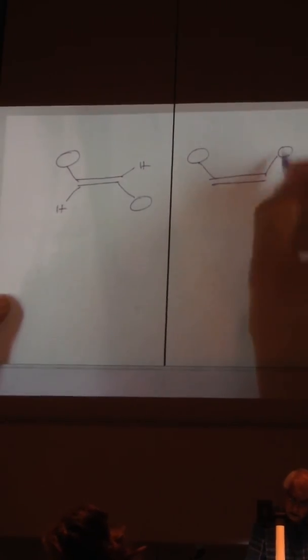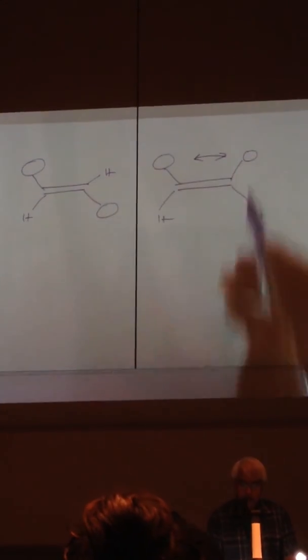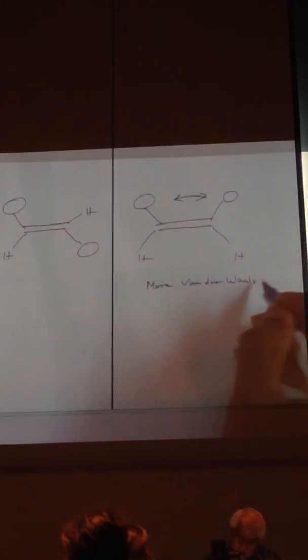Let's say this versus this. Because the two large groups are on the same side, you'll have more van der Waals interaction. Typically, trans, therefore, is more stable in those cases.